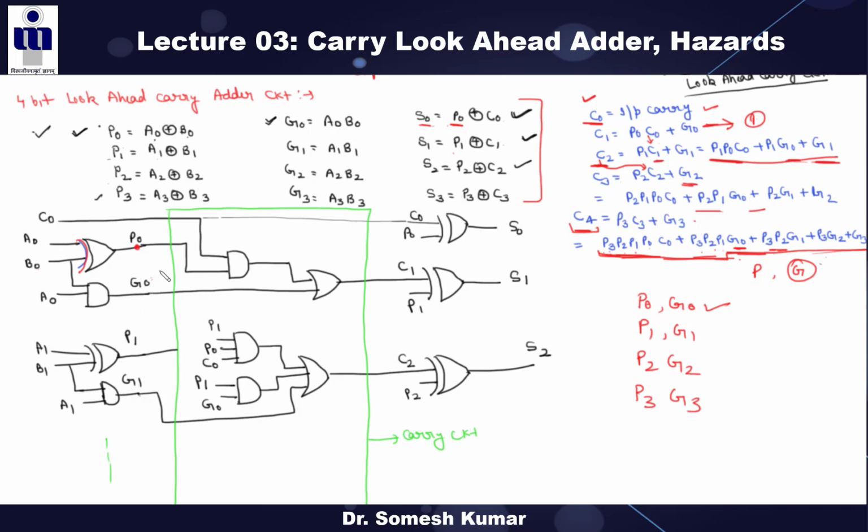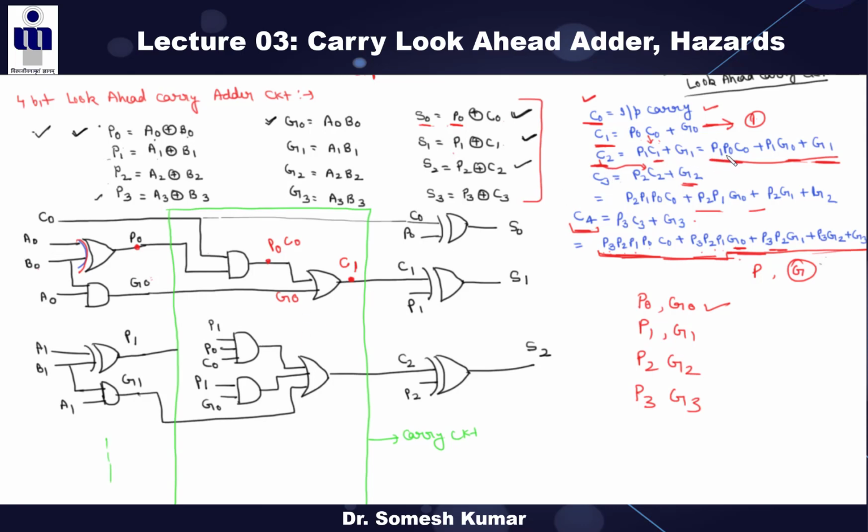Clear? Now, can we calculate C1 from these two terms? Yes. C1 is P0 dot C0, so this is your P0 dot C0, and this is your G0, and this is your C1. Similarly, can we calculate C2 here?